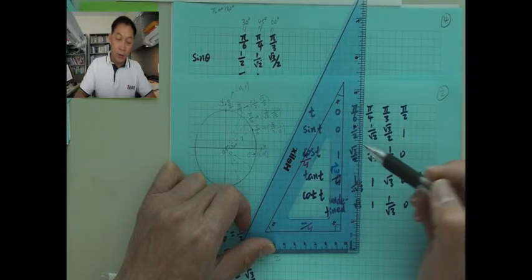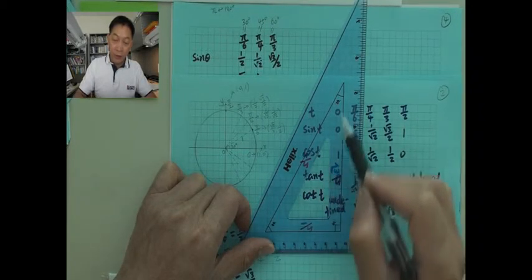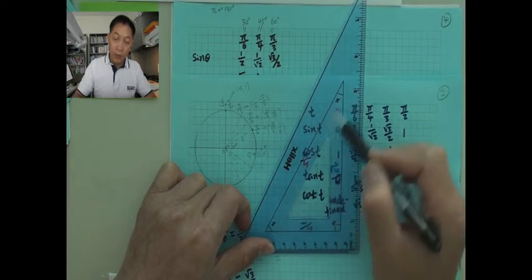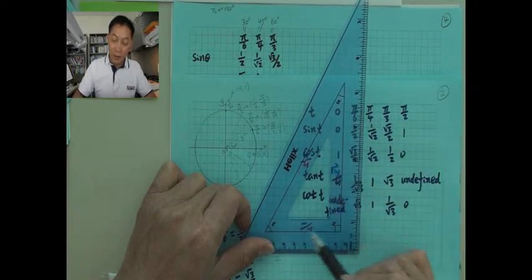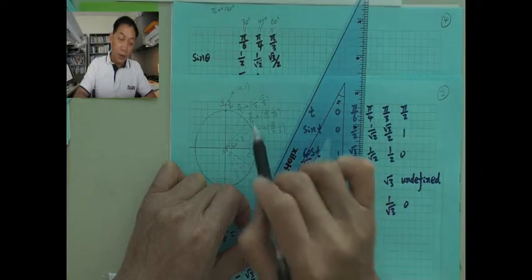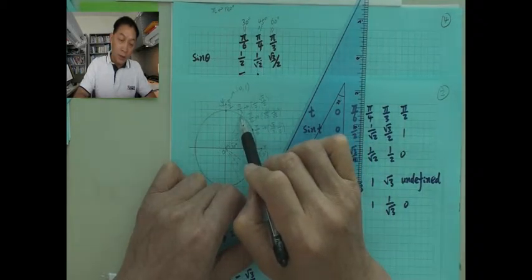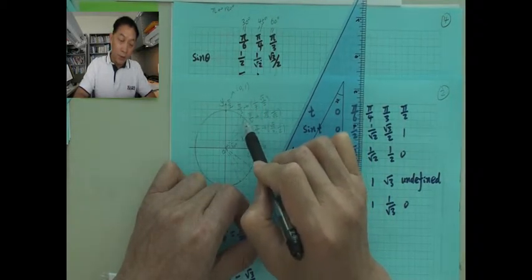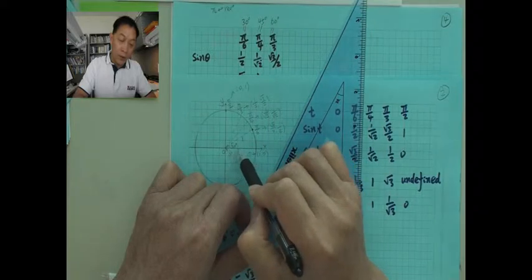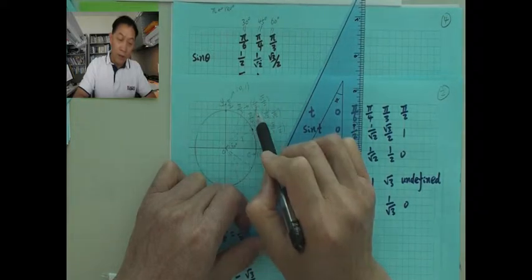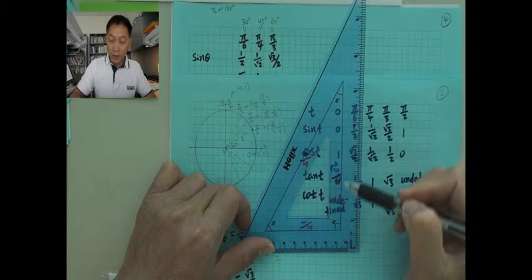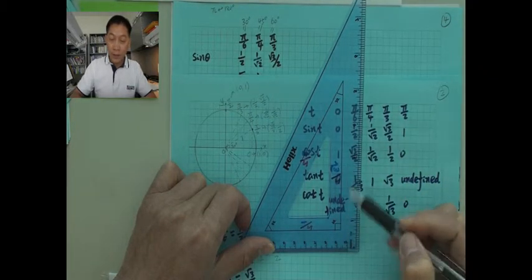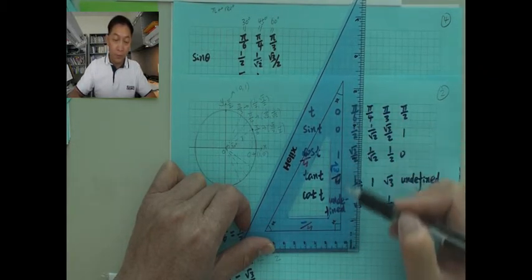So, this is half of this part. If this part is 1, then this part has to be 1/2. So you see down here, 1 over 2. Then this is the x coordinate, 1/2. The y coordinate is this leg, which is radical 3 over 2.